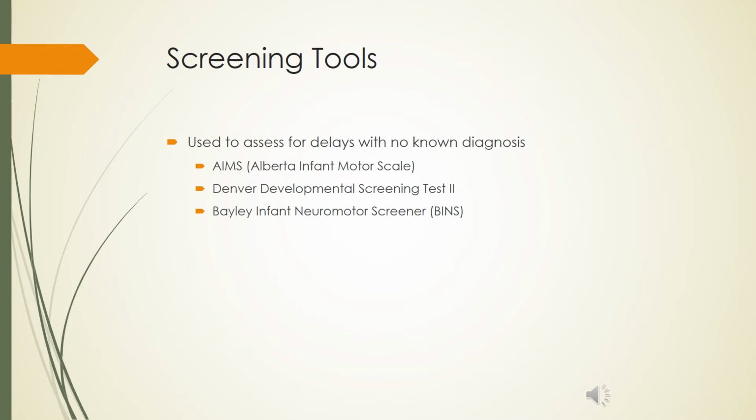But the Denver and the Bayley, they're just going to tell you that a child has a delay, not that they have this diagnosis or not. But you wouldn't specifically use it on kids that you already know have a delay because it's not going to tell you anything new.